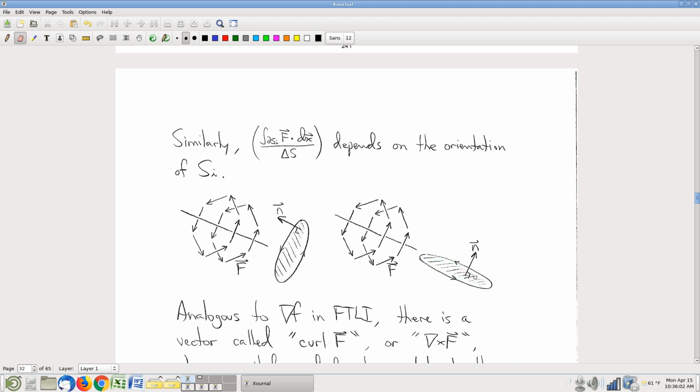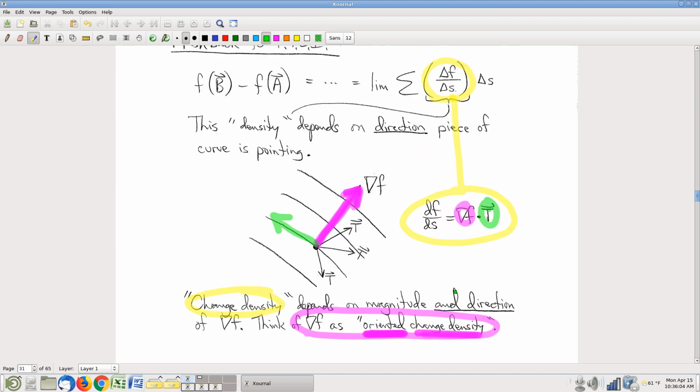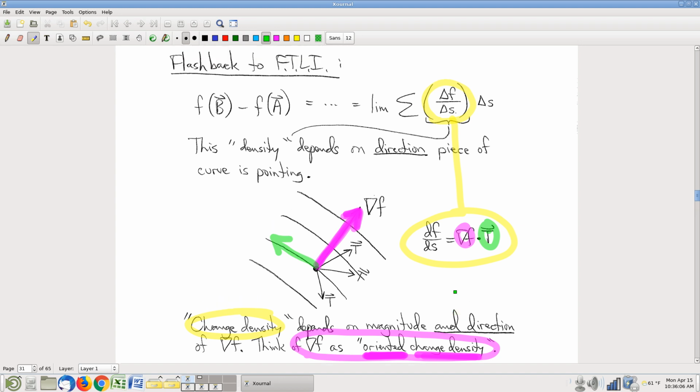Okay. All right. So, how do we make this precise? Well, again, we're not going to. The details are not, I don't think in this context, particularly helpful. So, how do we get our hands on this? Well, there is a vector, again, that tells us not only how much changing is happening, but what is the direction that the change is happening.